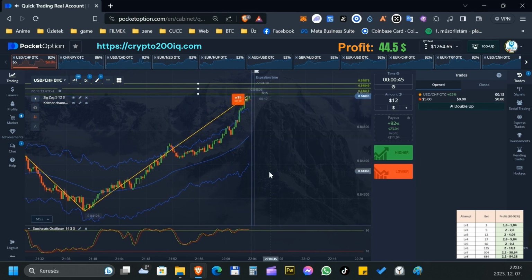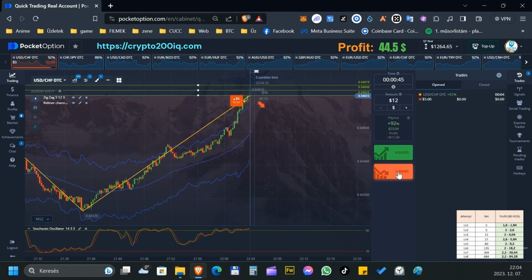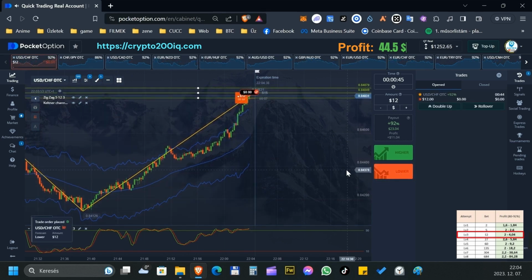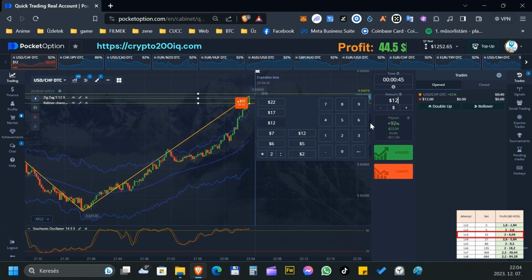Preparing for the next stake. And we've placed our bet, but it seems we can prepare for the next one.